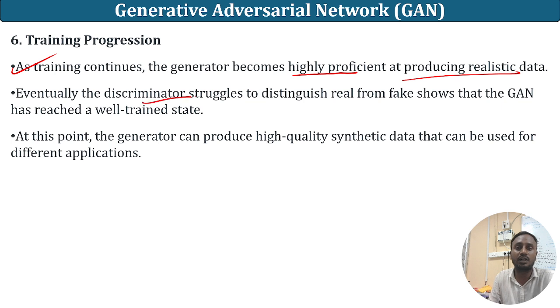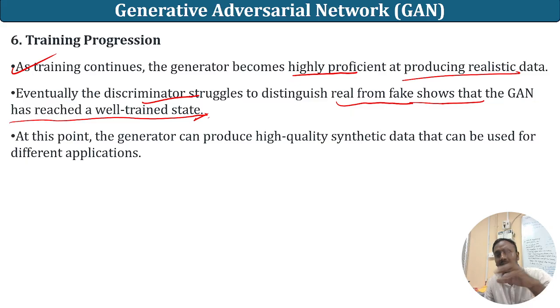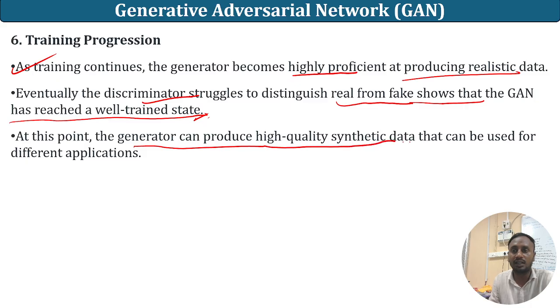Eventually, the discriminator struggles to distinguish the real from the fake, so the GAN has reached a well-trained state. At the start, there will be some fake data they'll be able to classify or distinguish. But as time progresses, even the discriminator is not able to distinguish real from fake. So at this point, the generator produces highly realistic synthetic data that can be used for different applications.